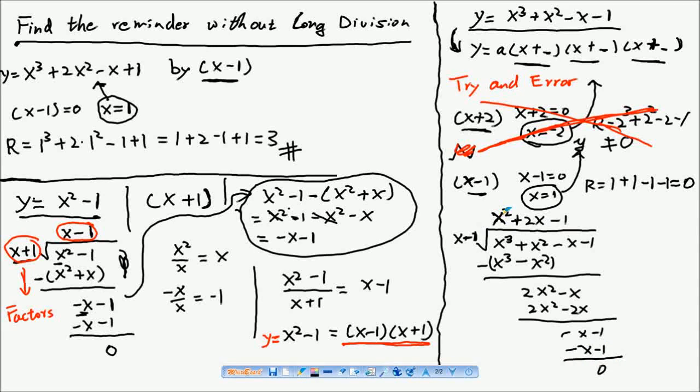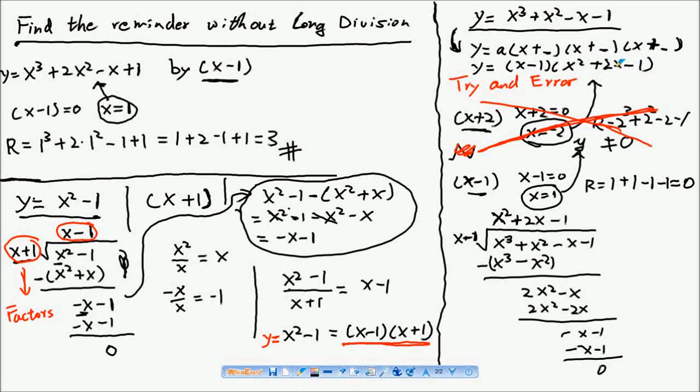Now we have two factors. So the equation y equals (x minus 1) times (x squared plus 2x minus 1).